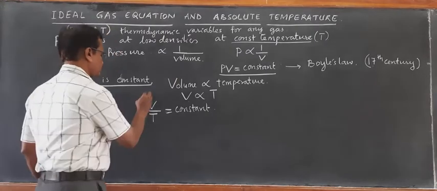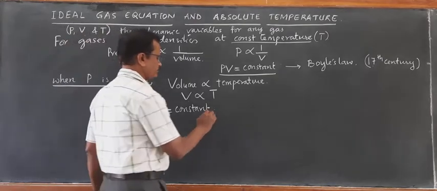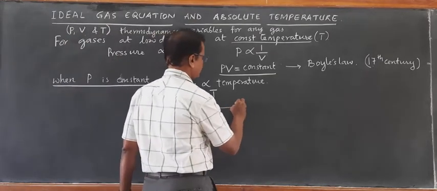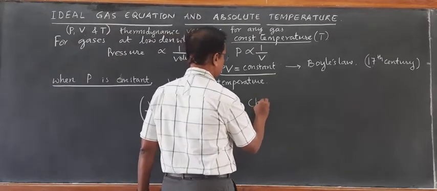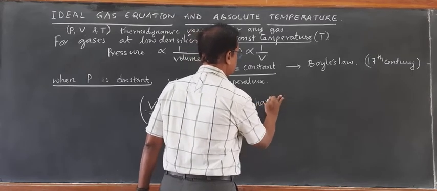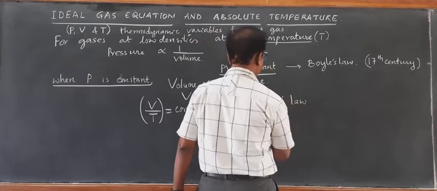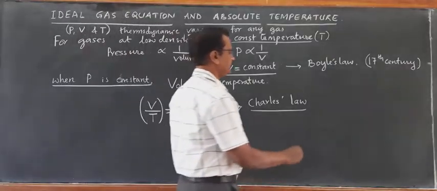This ratio of volume by temperature being constant was formulated by another scientist, the French scientist Charles. So in his honor, it is called Charles's law. This was formulated in the 18th century.